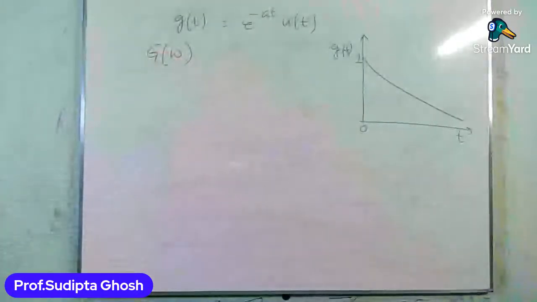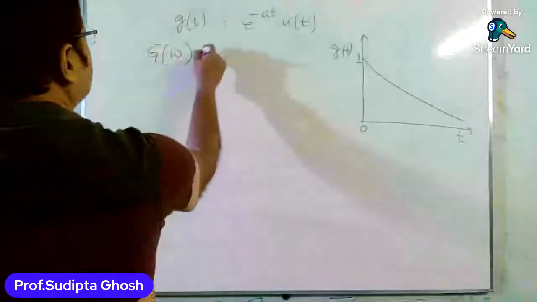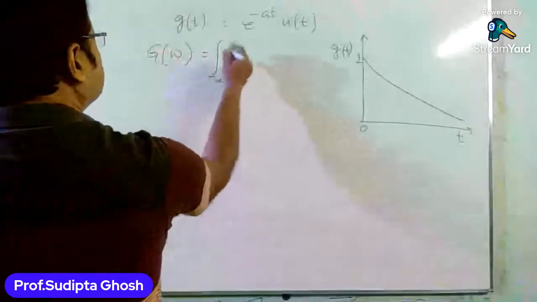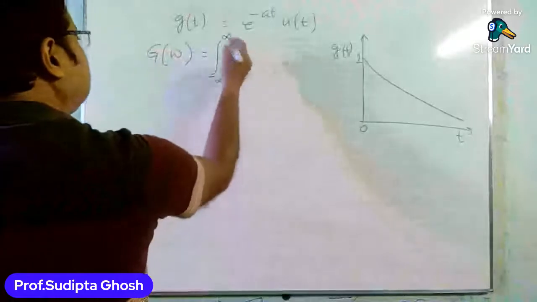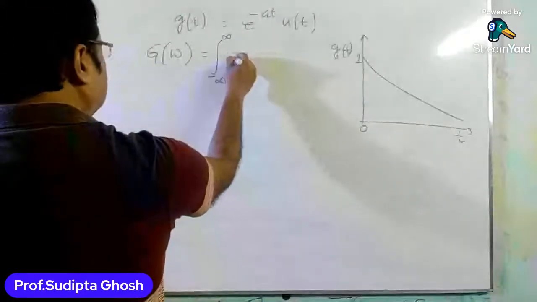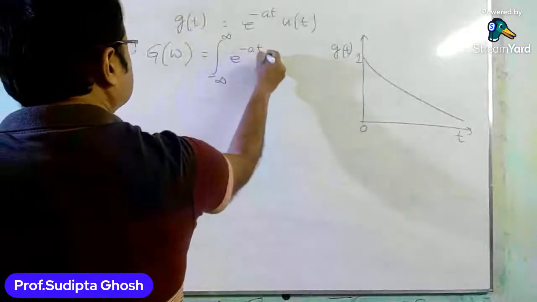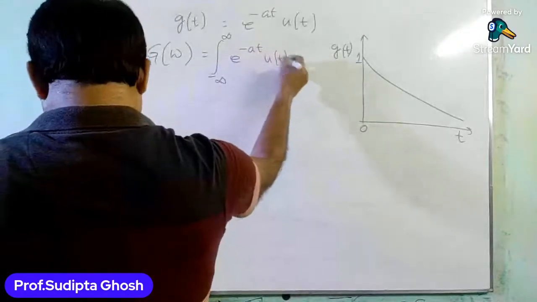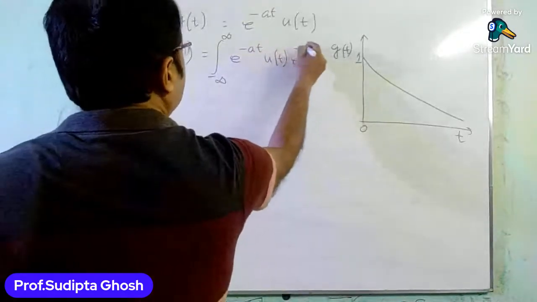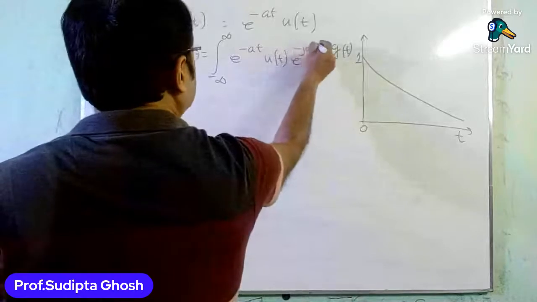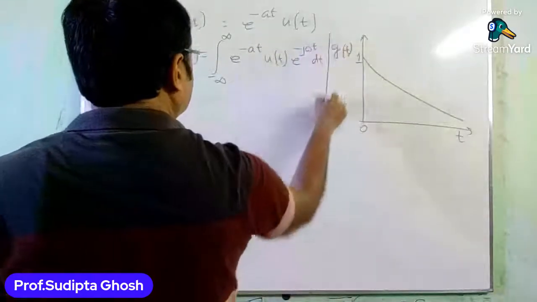Now G(omega) should be equal to, by the definition, the integral from minus infinity to plus infinity of the function g(t), that is e to the power minus a t u(t), and then e to the power minus j omega t dt. Is it okay?